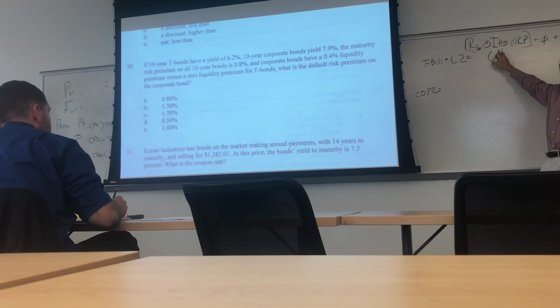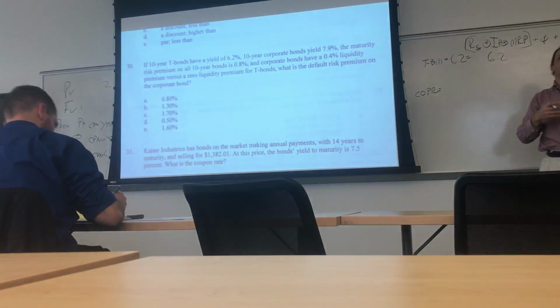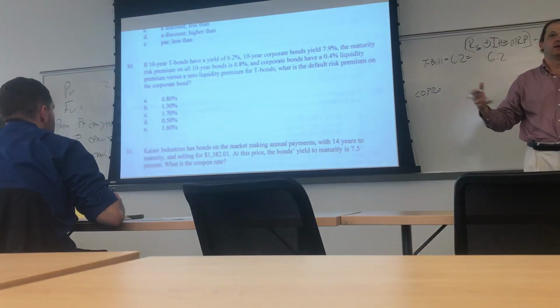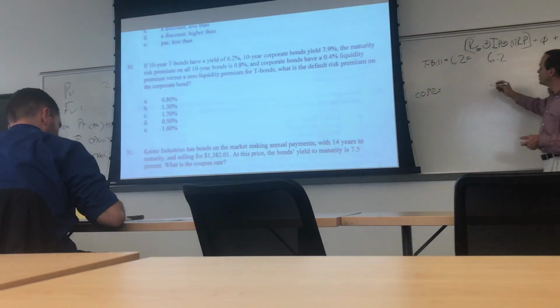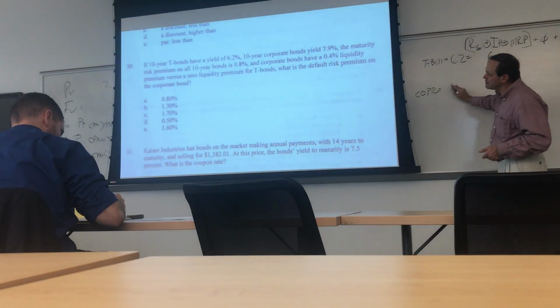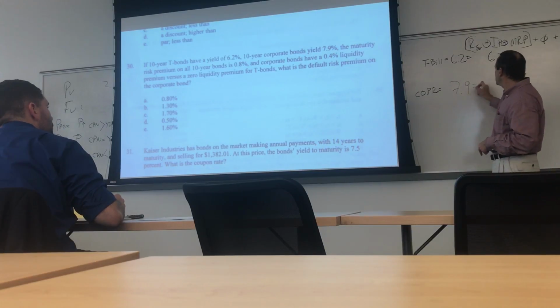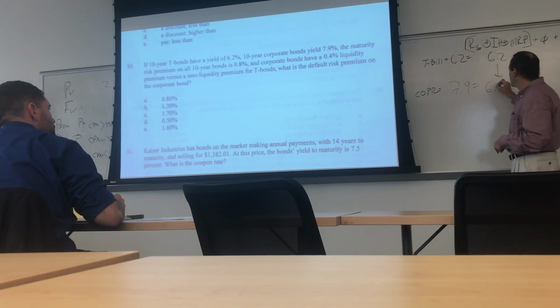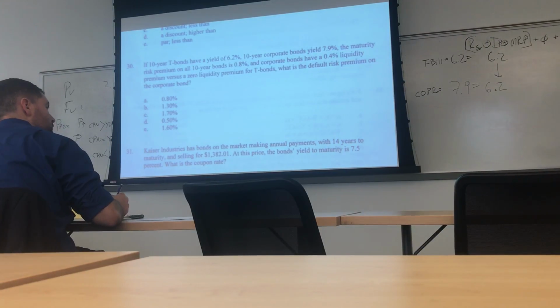Understand that? Maturity risk premium, again, depends on the length of the bond's life. In this case, they're both 10 years. Are we okay with that? So, if you would, for the corporate bond, this comes out to be 7.9 equals 6.2. That takes into account those three. Are we good?